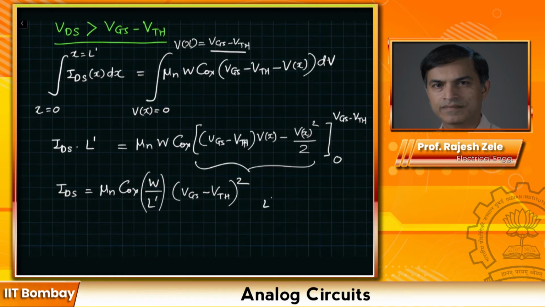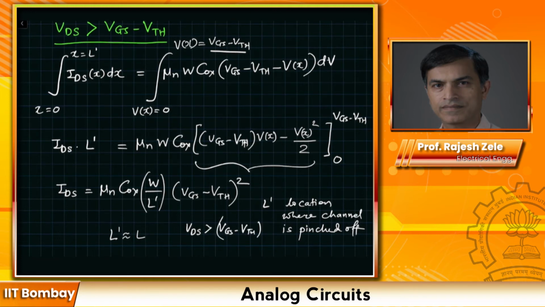Again, L prime is the location where the channel is pinched off. For all practical purposes, we use the actual drawn channel length L instead of L prime for first order calculations. L prime is pretty close to L. So what's the key observation from this equation? The drain to source voltage VDS is greater than VGS minus VTH.